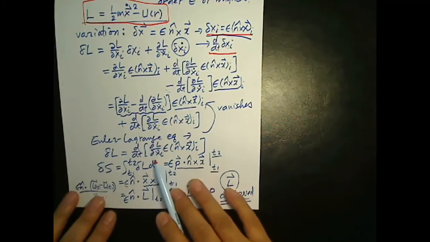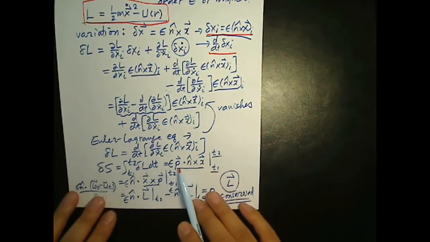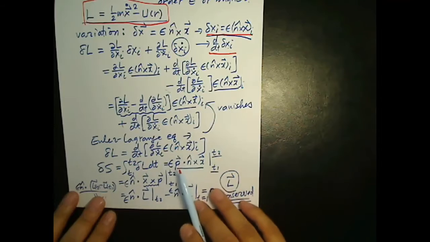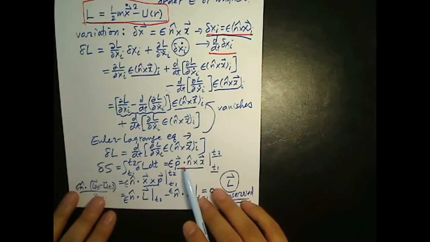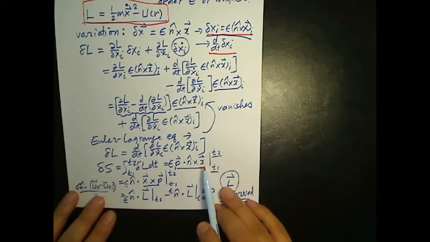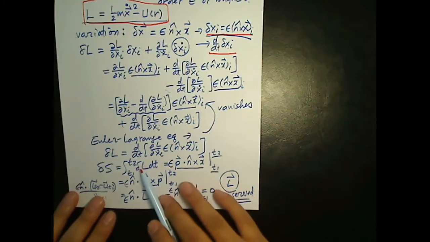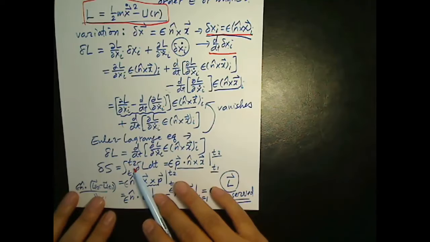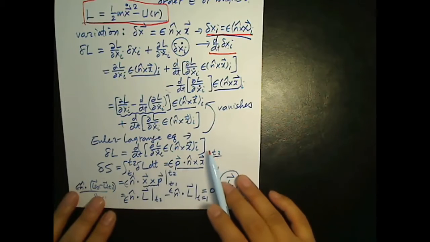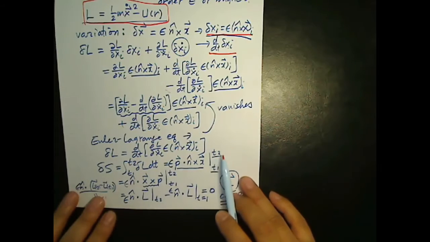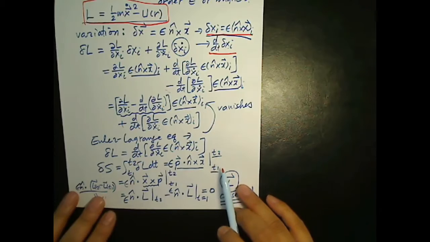This is the conjugate momentum, so I have replaced it with p_i, and the sum over i makes it a triple scalar product, p dot (n hat cross x). Because time is integrated out, the value at T2 should be subtracted by the value at t equals T1.